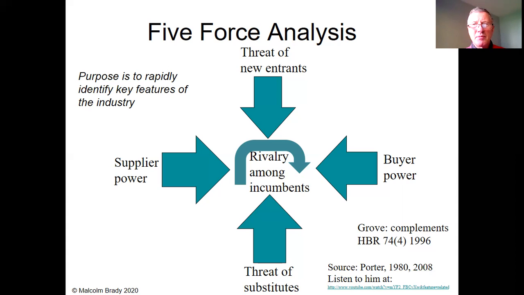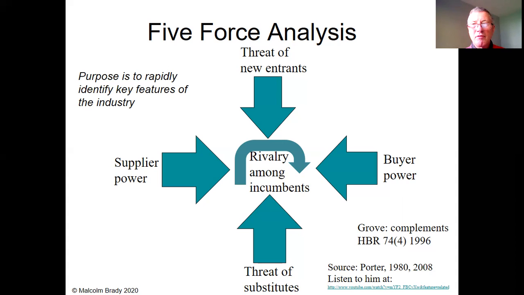Other features that tend to affect buyer power and supplier power, as already mentioned, are the number of firms, and also the type of component or product being purchased. If it's highly differentiated, that tends to increase the supplier power, for example, because the incumbents are very dependent on that particular item or component, and therefore that tends to shift power in the way of suppliers.